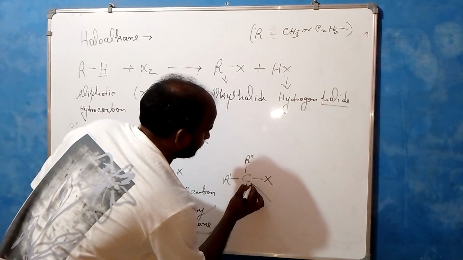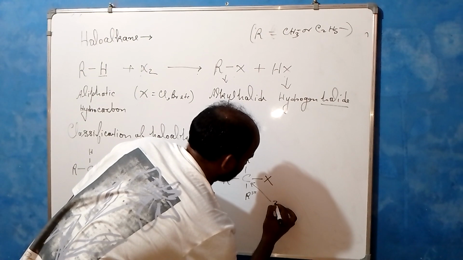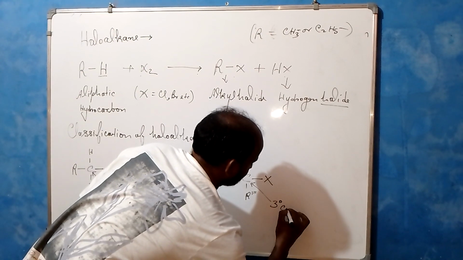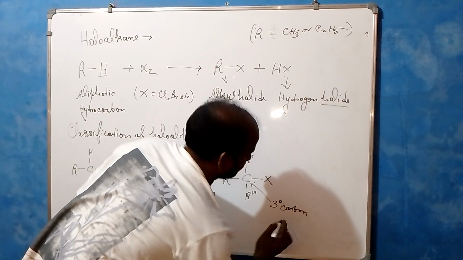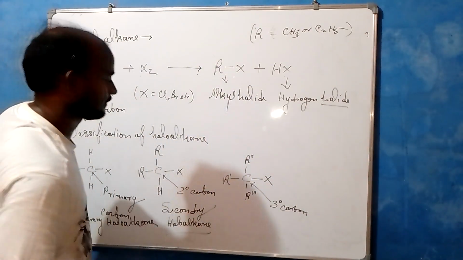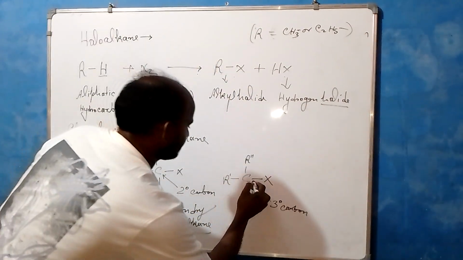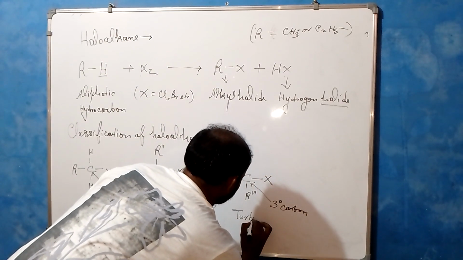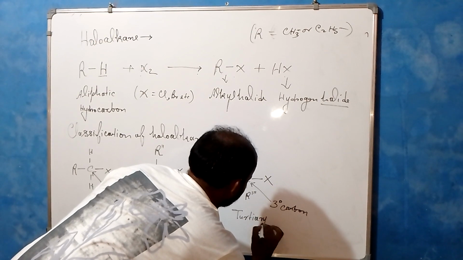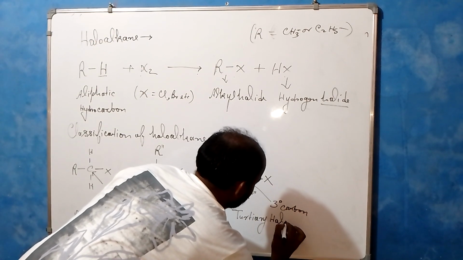This carbon is known as tertiary carbon, and this compound is known as tertiary haloalkane.